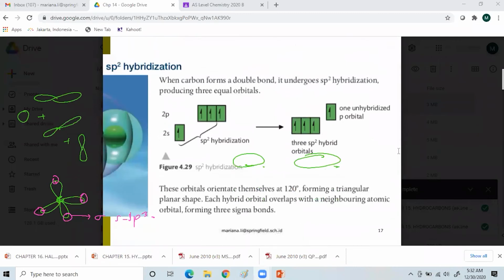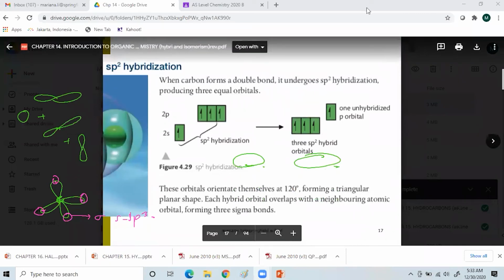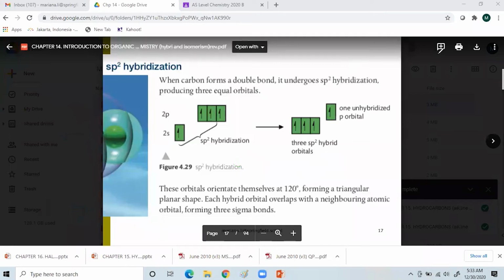This is sp2. This occurs in ethene. Ethene is a molecule with the chemical formula C2H4.